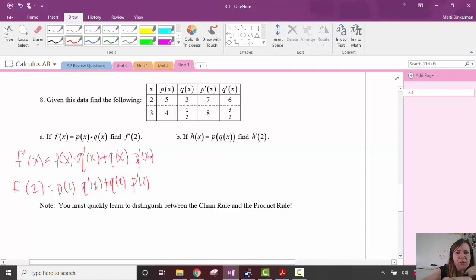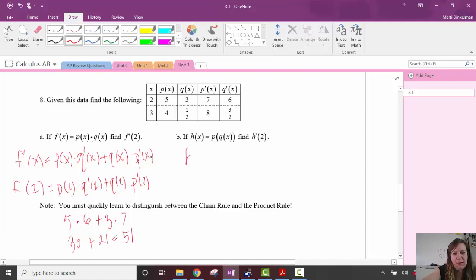Okay, so let's look at the table and see what we can find. So P of 2 is 5. Q prime of 2 is 6. Q of 2 is 3, and then P prime of 2 is 7. So it looks like we have 30 plus 21, so 51 for A.